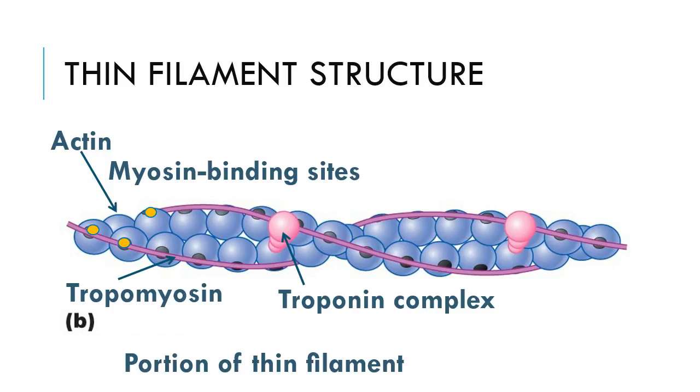It can definitely bind to calcium if you did your reading. We know that it binds to calcium. What else does it bind to? Tropomyosin and actin. So troponin binds to calcium, but it's also bound to tropomyosin and to actin.